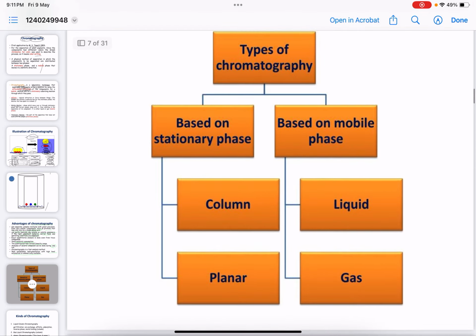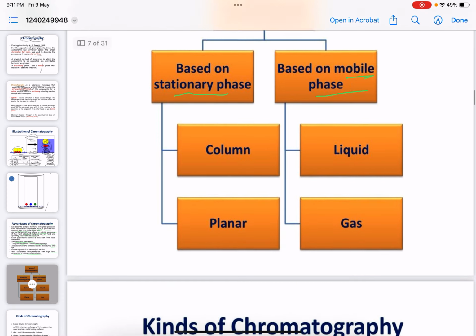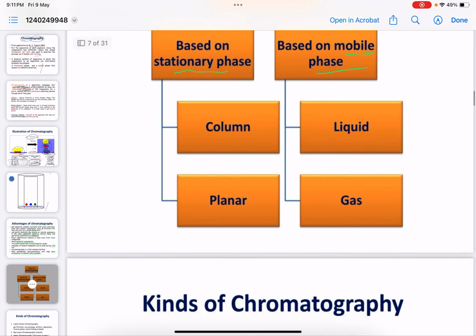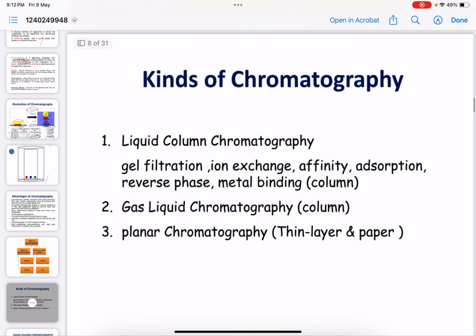Here we have the different types of chromatography, based on stationary phase and based on mobile phase. Based on stationary phase, we have column chromatography and planar chromatography, whereas based on mobile phase, we have liquid chromatography and gas chromatography. So let's have a quick view of the kinds of chromatography.